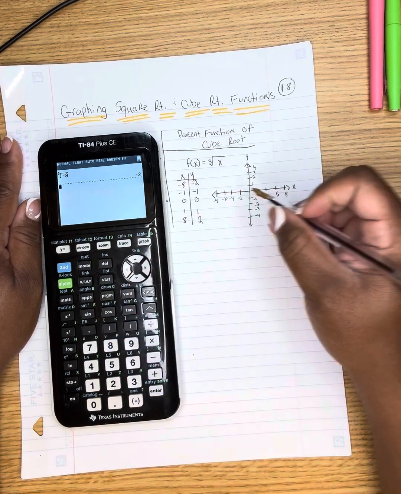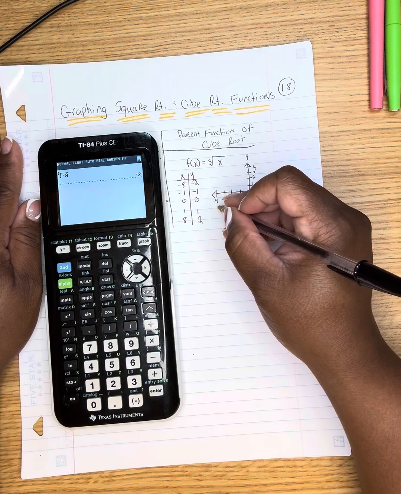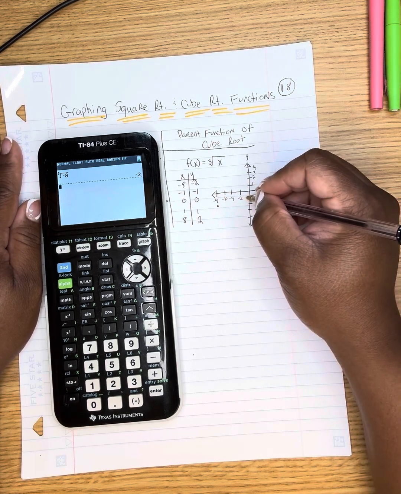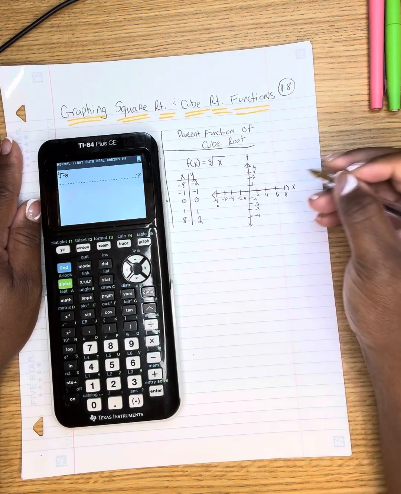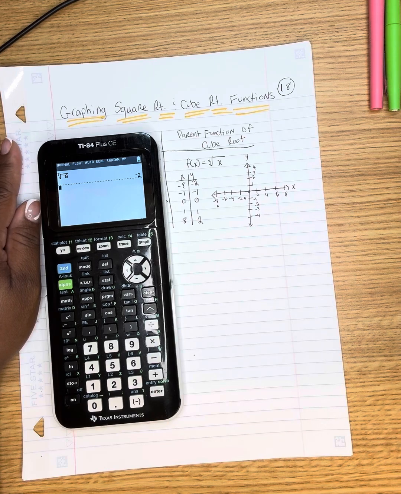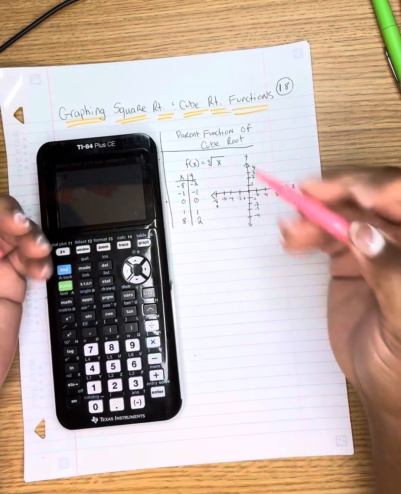So from here we have -8, -2. -1, -1. 0, 0. And I probably should use this color. That's what I want to use.